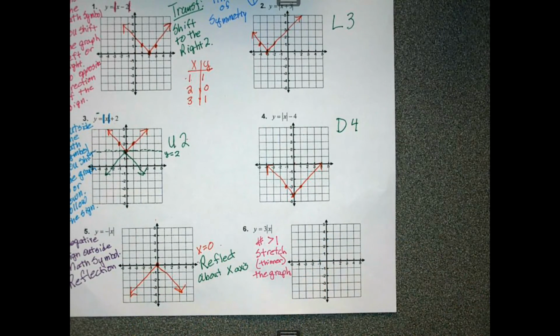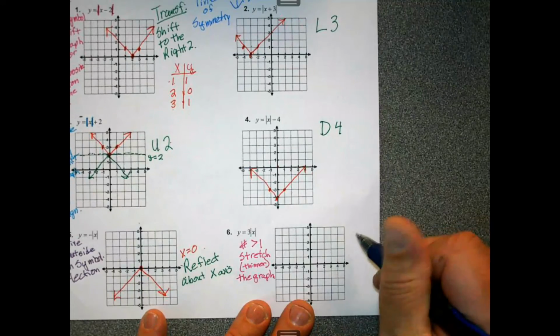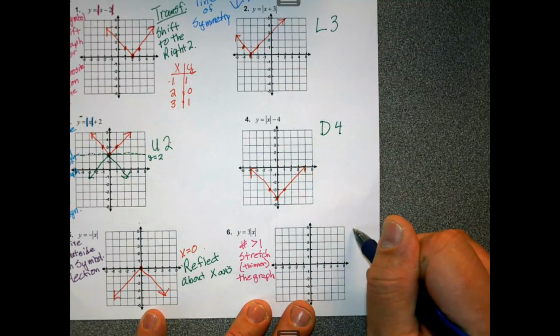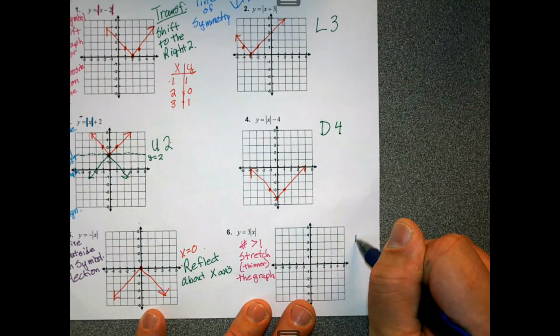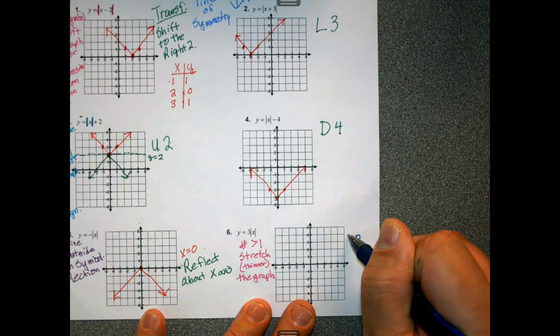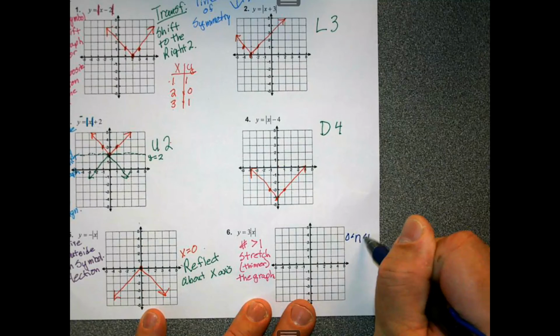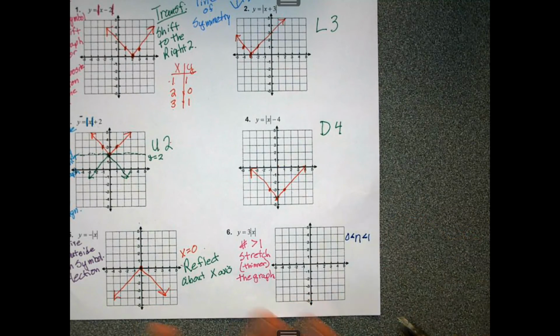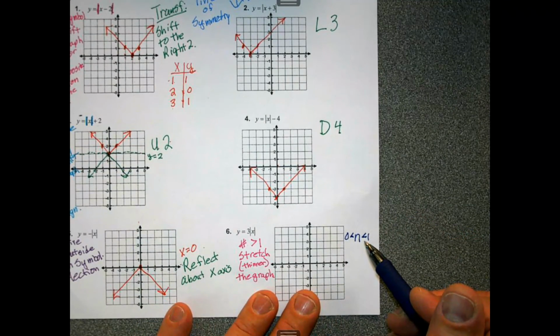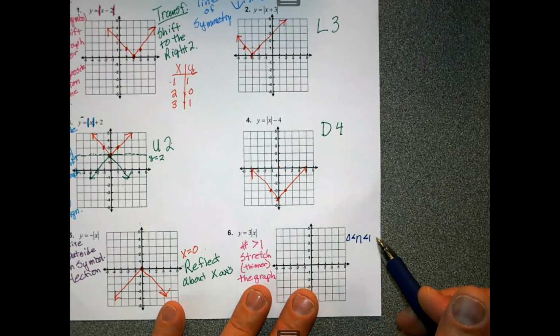Okay. If I have a number, and I'll call it n, that's between 0 and 1, that's how we symbolize a fraction between 0 and 1.